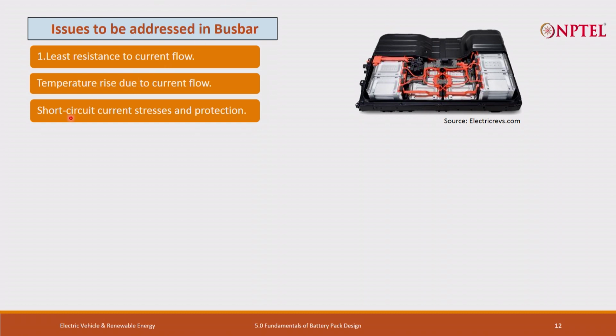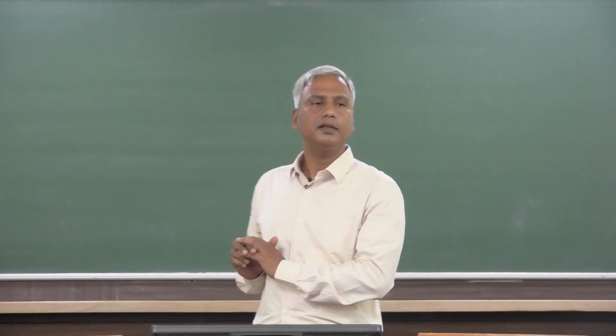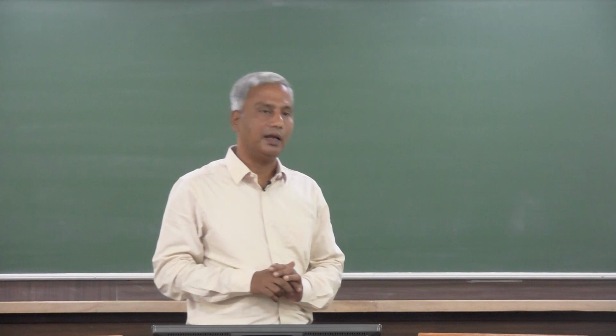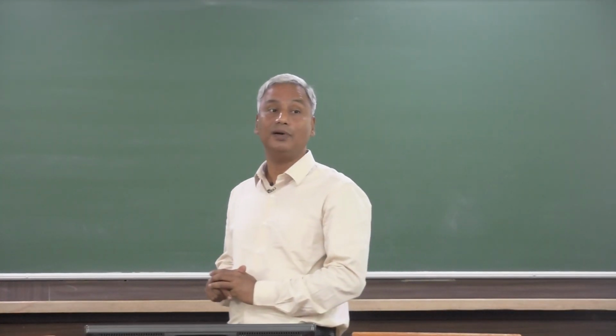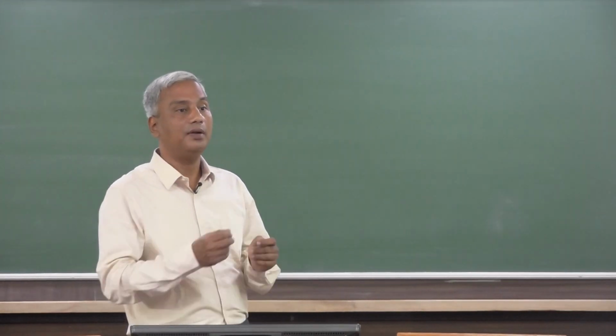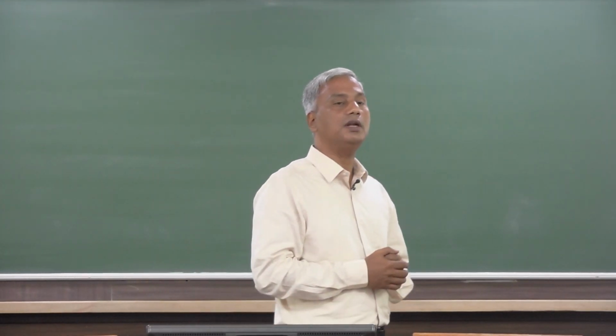It should be able to handle the short circuit current stresses and the protection. What are the things we use for protection? If I do not have a BMS, let us suppose, what are the things I can use? I can use an electrical fuse, I can use PTC devices, or PTC material, positive temperature coefficient.